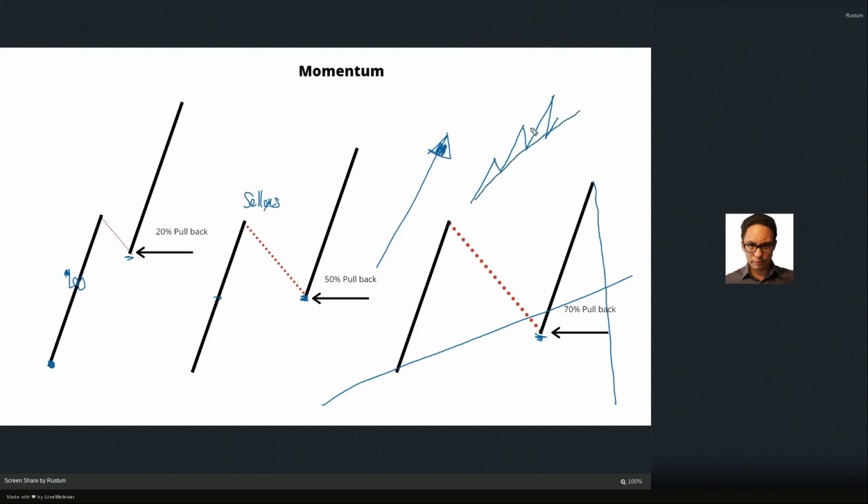Because it's been pulling back deeper and deeper, the sellers were able to push back deeper and deeper based on the previous legs. We can then look for that trend line break there. So it gives us a clue when to start looking for this trend line break.